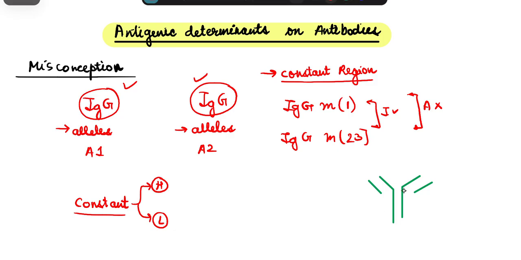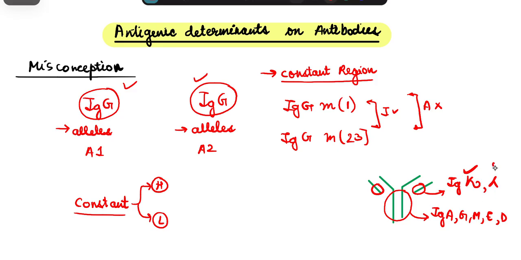If here was the variation, then it was creating the different isotypes like IgA, G, M, E, and D. If only the constant region of the light chain, these parts, has variations, they make different kinds of antibodies like IgG kappa and IgG lambda. So this is one isotype, this is another isotype because of variations in the CL region, and these are different isotypes because of variation in the CH region. Then further they can have different allotypes.